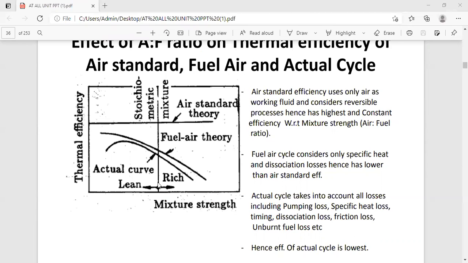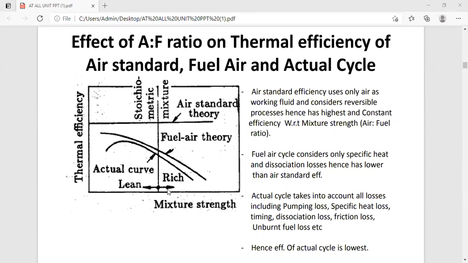At the stoichiometric point, on the left side is a lean mixture, on the right side a richer mixture. At the stoichiometric air fuel ratio during the air standard cycle, we get the maximum efficiency because all the processes are considered reversible.